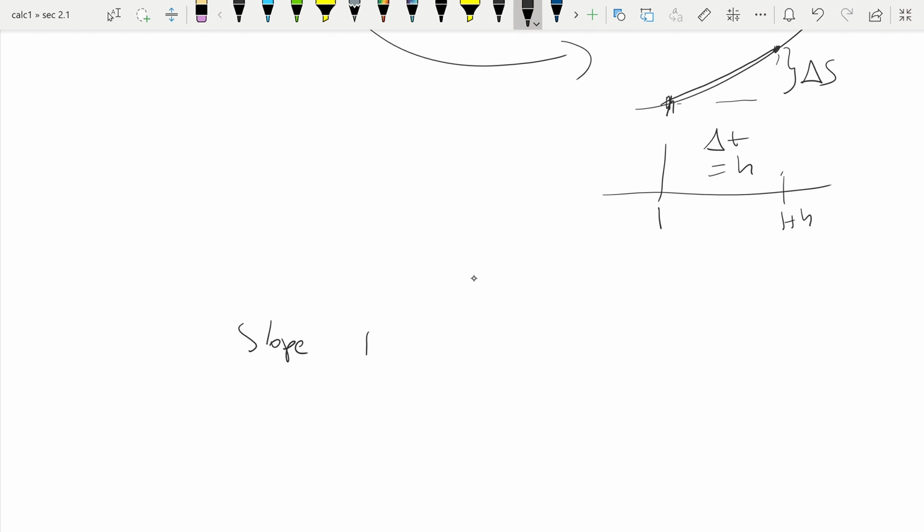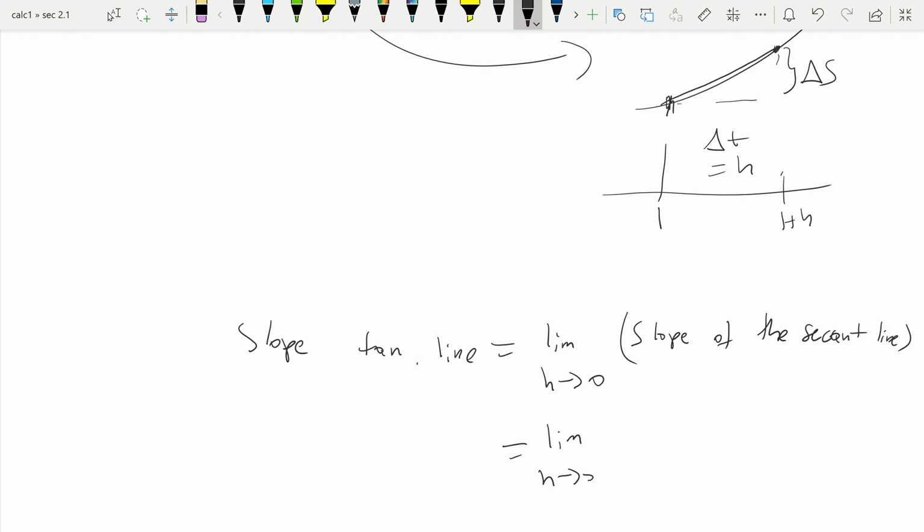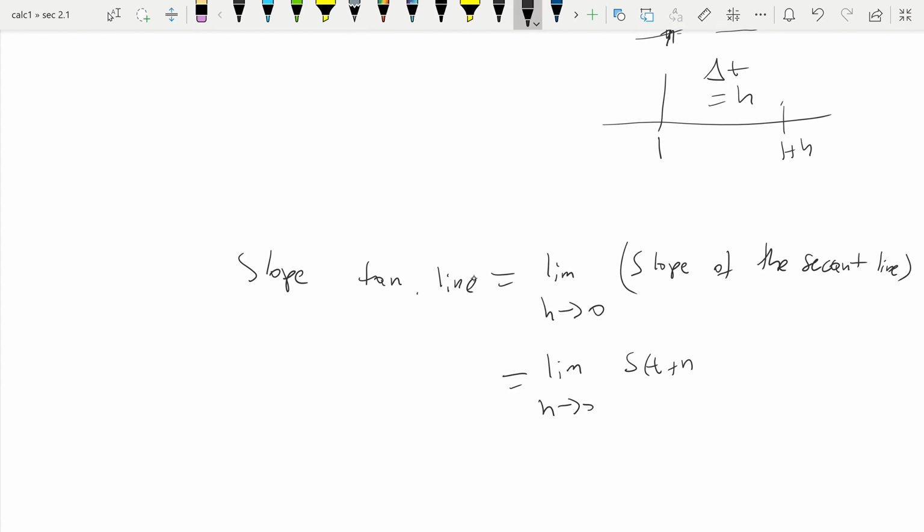Okay, so just to remind again, the slope of the tangent line is equal to the limit as h goes to 0 of the slope of the secant line, and this is equal to the limit as h goes to 0 of s of 1 plus h, because we're standing at 1, minus s of 1, divided by h.